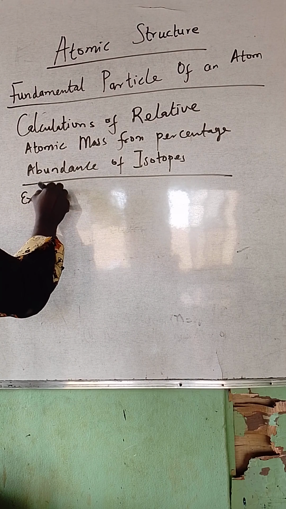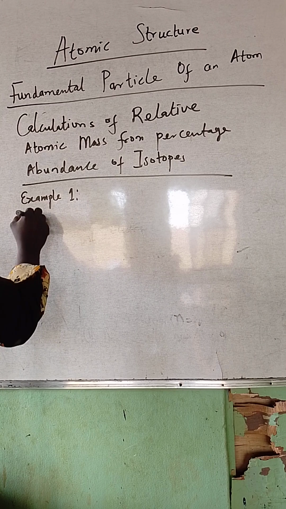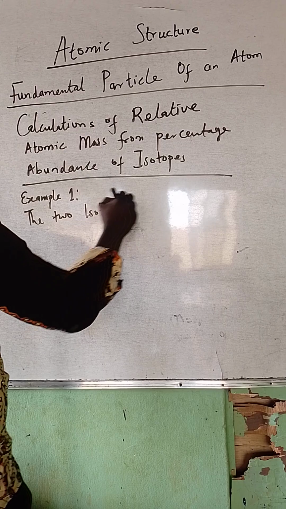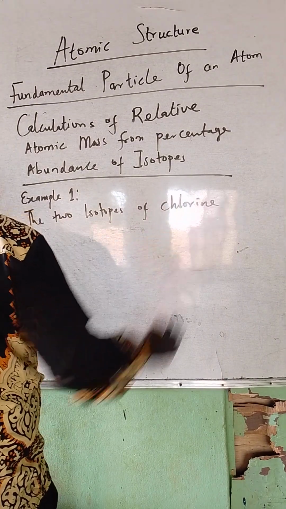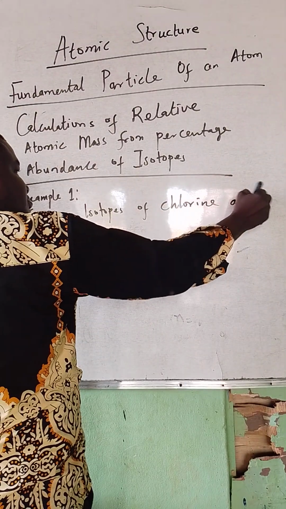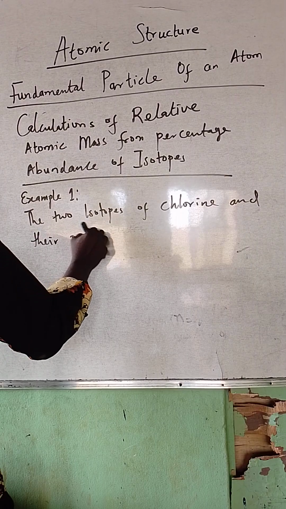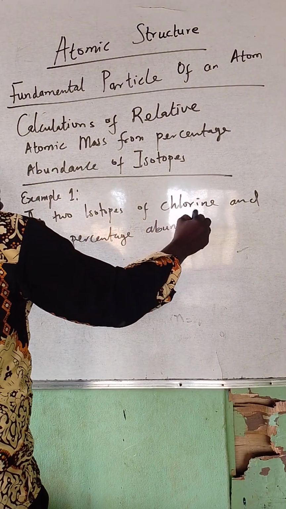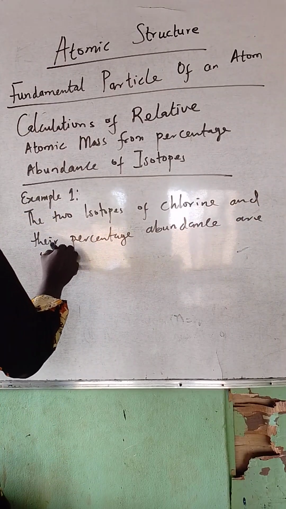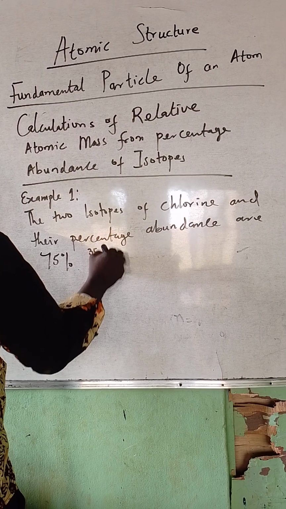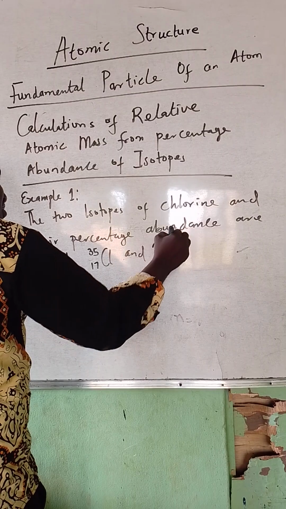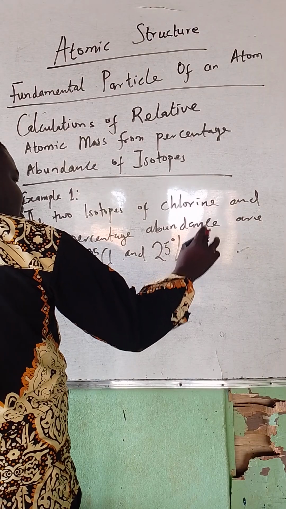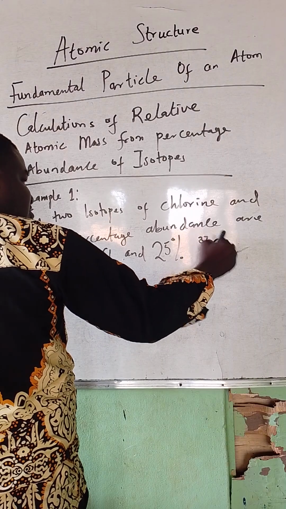Example 1. You say that the two isotopes of chlorine and their percentage abundance are 75% for chlorine-35 (35, 17) and 25% for chlorine-37 (37, 17).